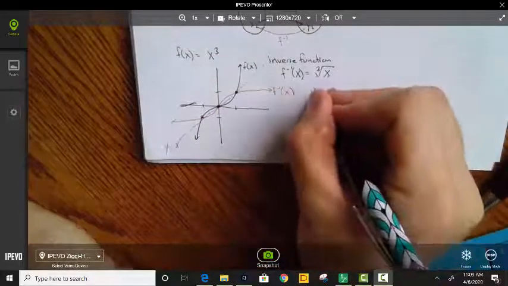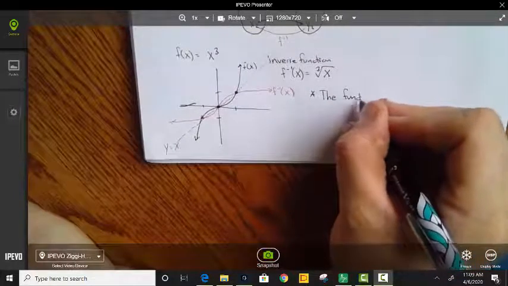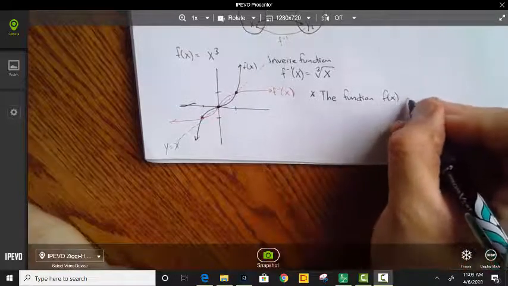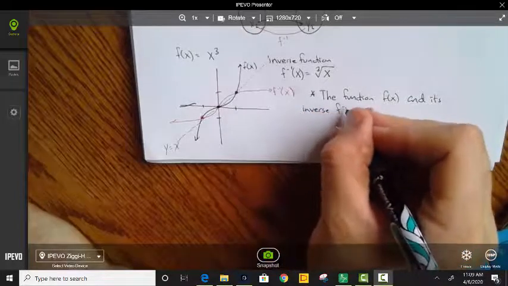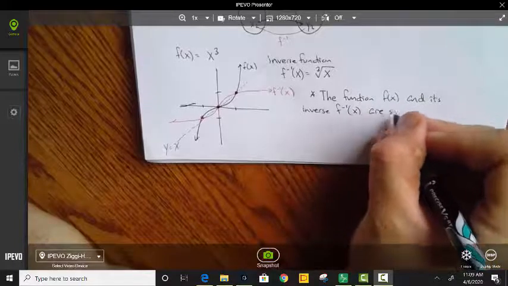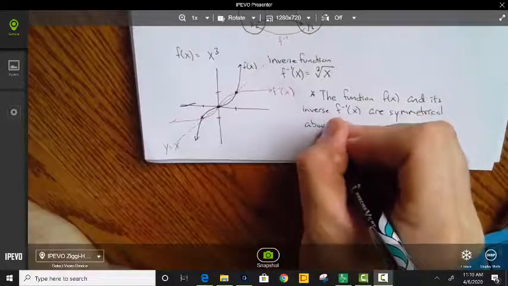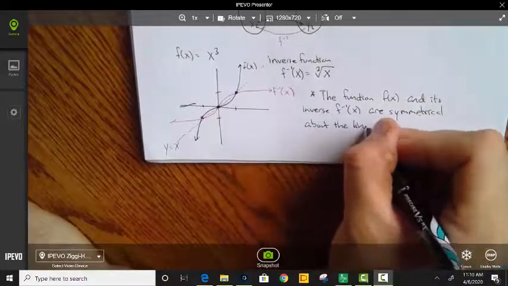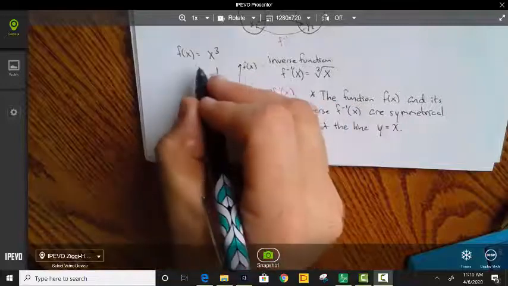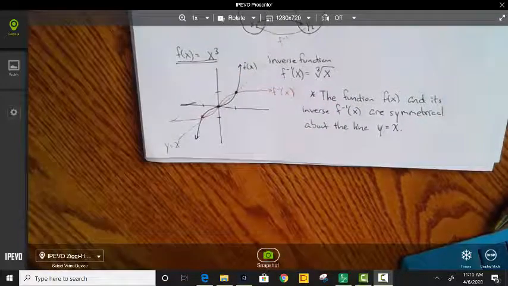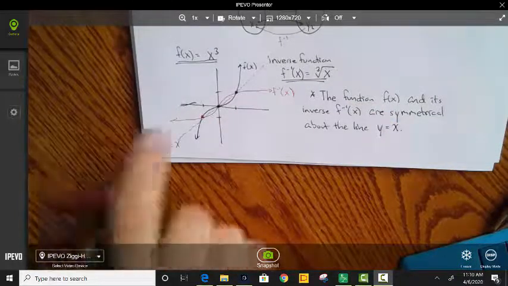Okay, so something to make note of is the function f of x and its inverse, f inverse of x, are symmetrical about the line y equals x. So what that means is, if you know what the original function looks like, you can very easily draw the inverse function by just reflecting it across this line.